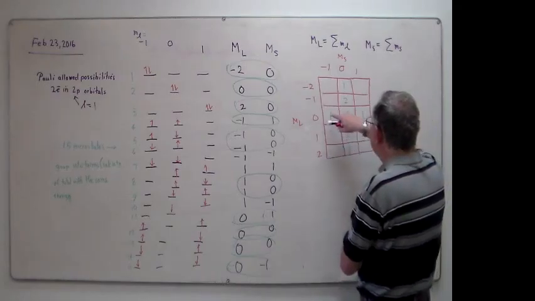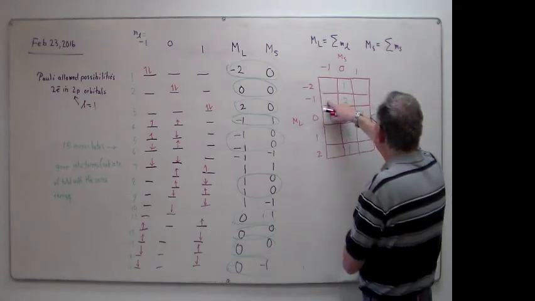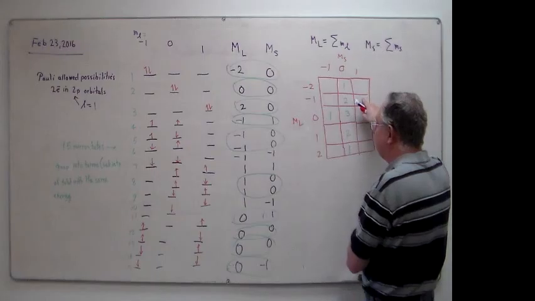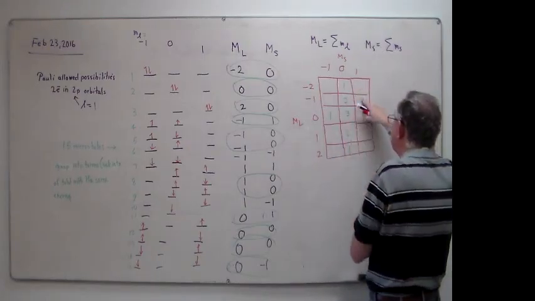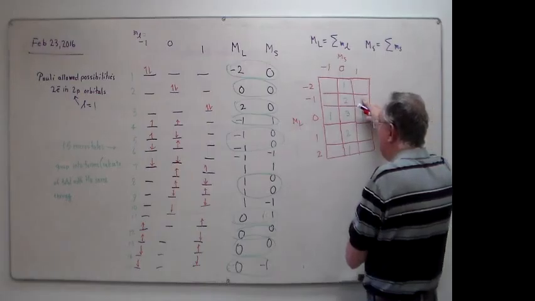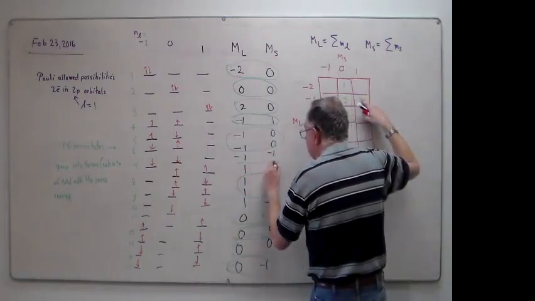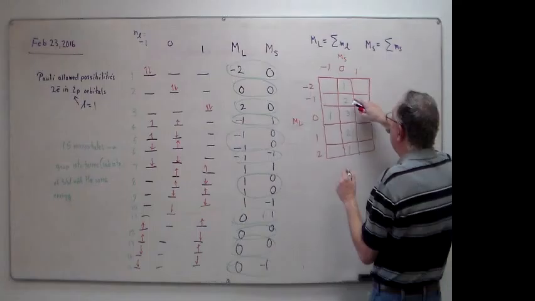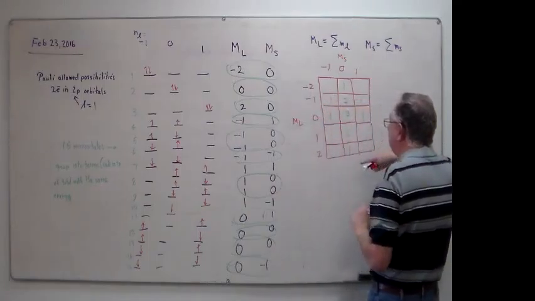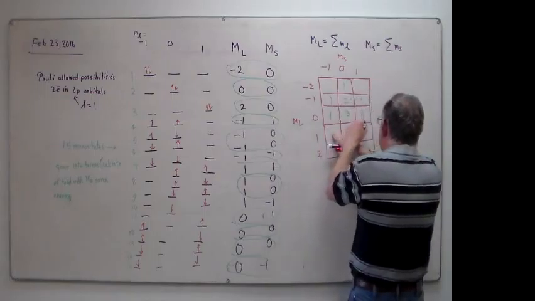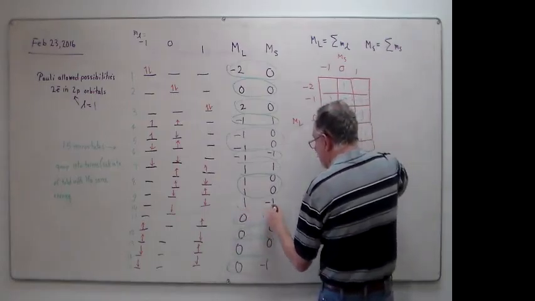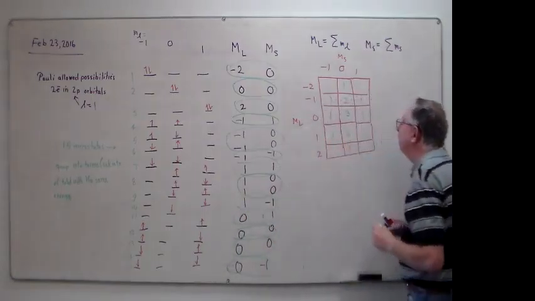M sub L is minus 1 and M sub S is 1. That's right there, right? And minus 1 is 1 there. And there's 1, 1, that's there. And there's 1, minus 1, there's 1 there.